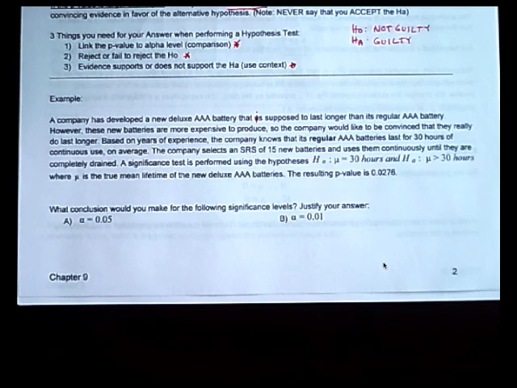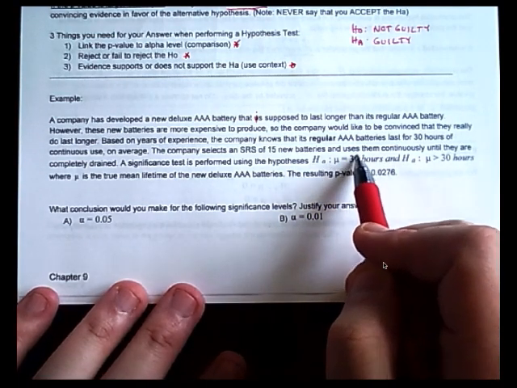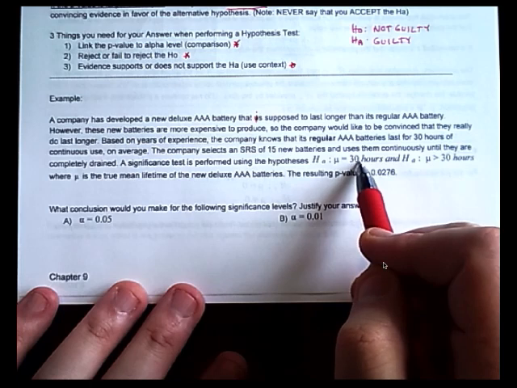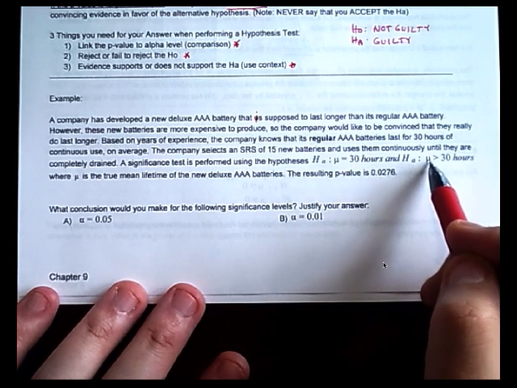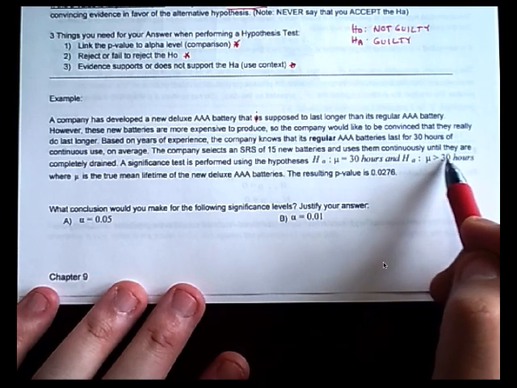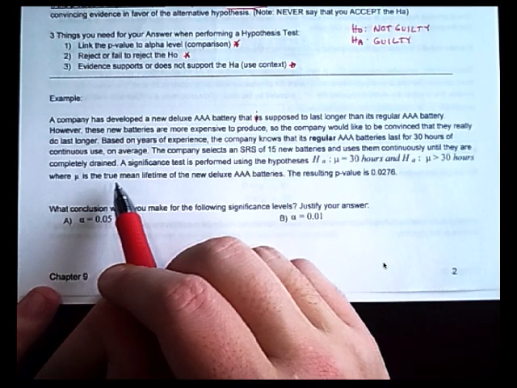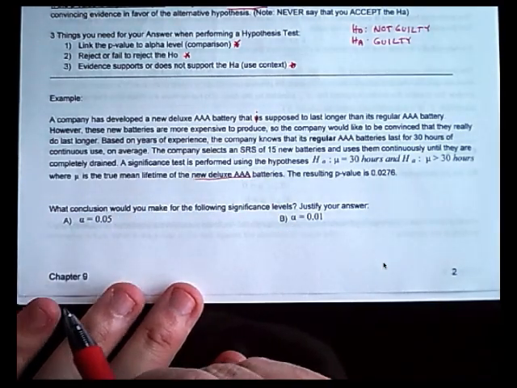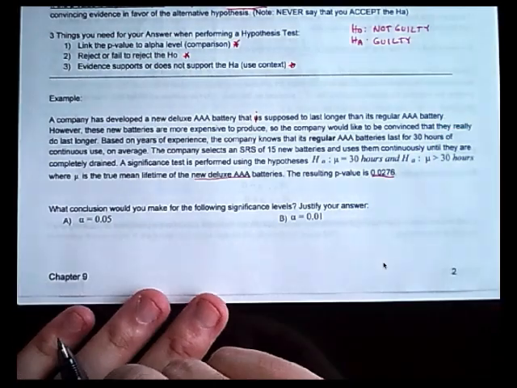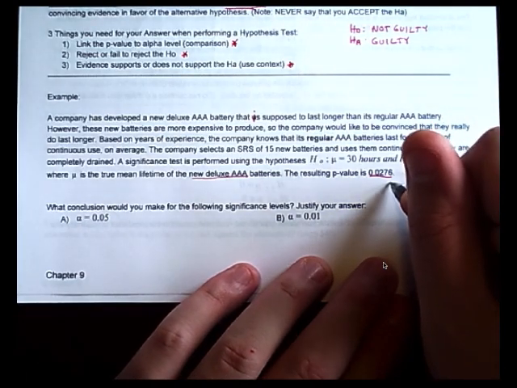A significance test is performed using the hypotheses. We're going to assume that the new batteries have an average of 30 hours, and the alternative hypothesis is that we're trying to show evidence that it's greater than 30 hours, where mu is the true mean lifetime of the new deluxe AAA batteries. The resulting p-value is 0.0276.